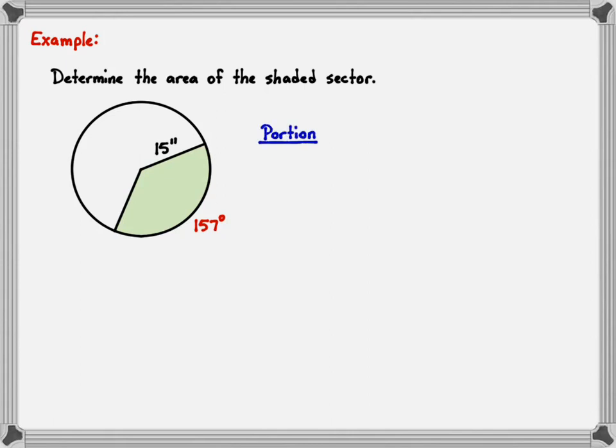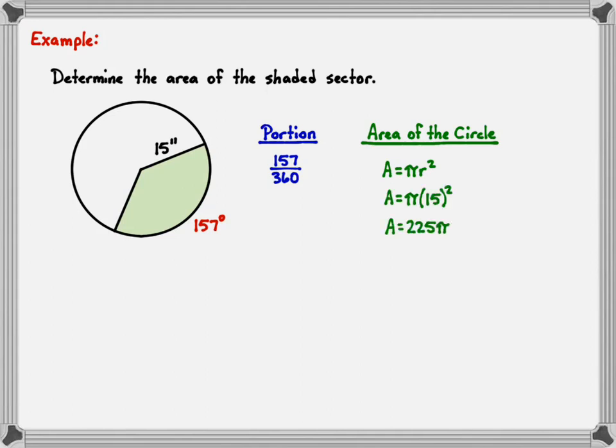So the portion is going to be 157 out of the entire circle, which is 360. And then we need to figure out the area of the circle because we are looking at the area of the shaded sector. Remember, area is pi r squared. So this is going to be pi times 15 squared, which is 225 pi.